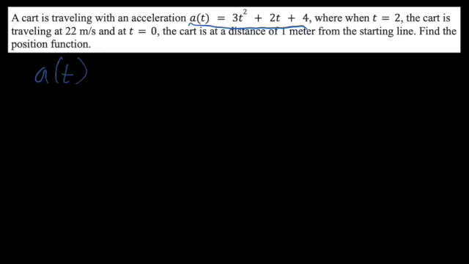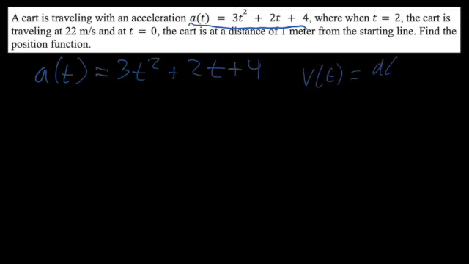So we can begin by writing out the equation. The acceleration is 3t squared plus 2t plus 4. What we have to realize is that acceleration, velocity, and position are all related by integrals and derivatives. Velocity is the derivative of the position function with respect to time.